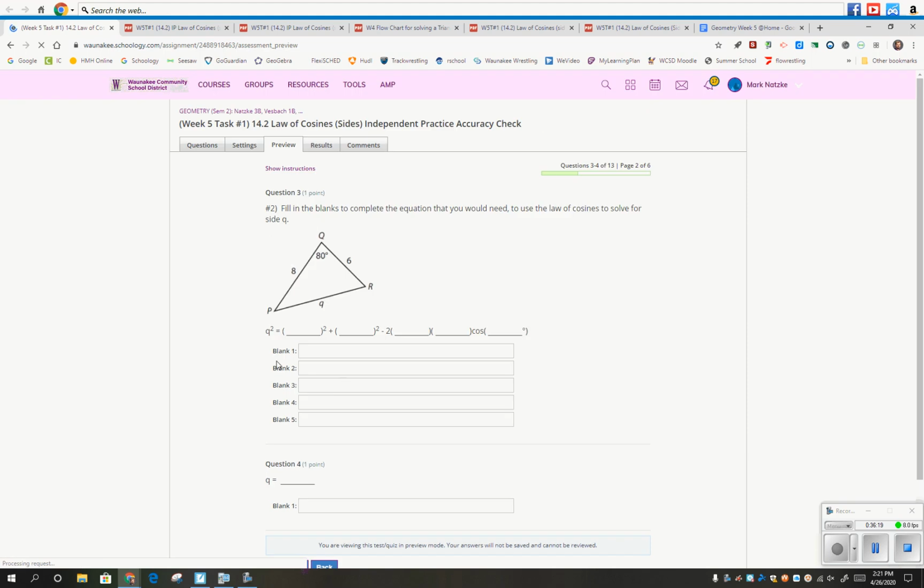And you'll notice each problem in the homework has one like that. So like it's q squared equals 6 squared plus 8 squared minus 2 times 6 times 8 times cosine of 80. Again, that's a little helpful hint on your homework.